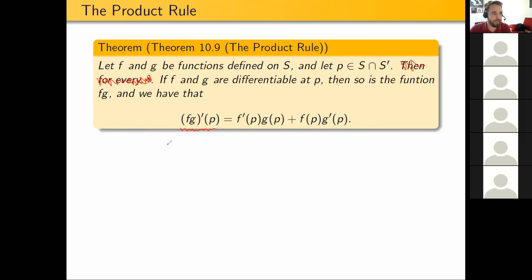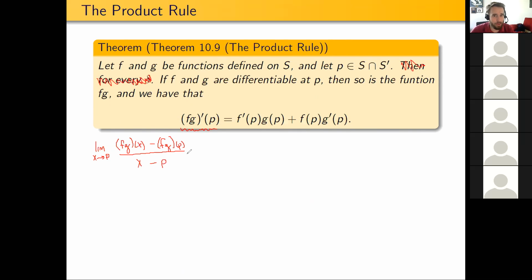The expression (f times g)'(p) really represents a limit as x goes to p of f times g of x minus f times g of p, all over x minus p.